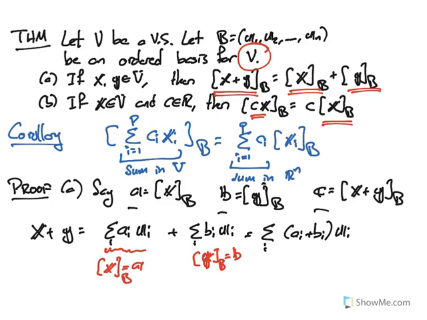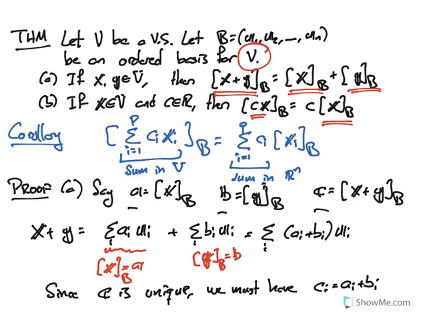And now since the vector C is unique, here's the punchline, since C is unique, we must have Ci is Ai plus Bi.